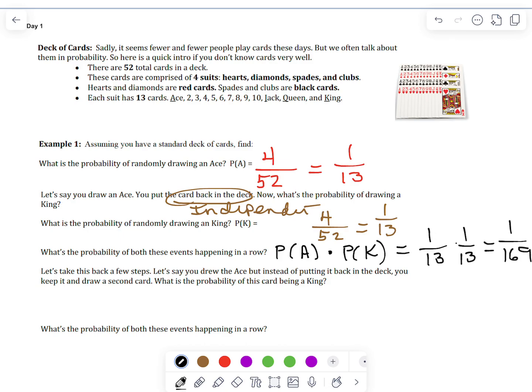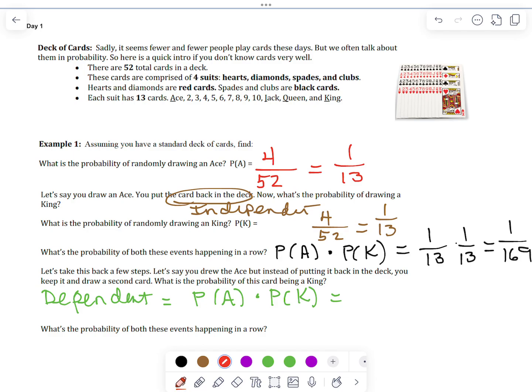Let's take this back a few steps. Let's say you drew the ace, but instead of putting it back, you kept it and then drew the second card. This is now considered a dependent event because you did not replace the card. So the first event of getting an ace and then a king.